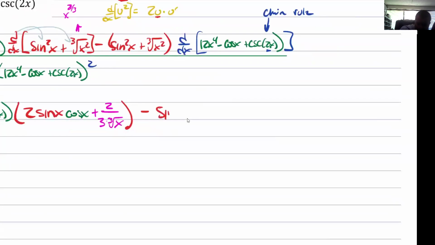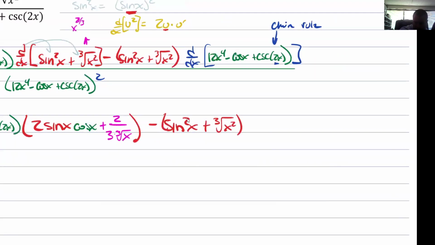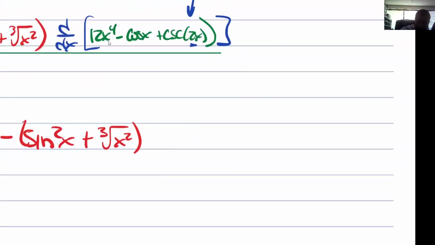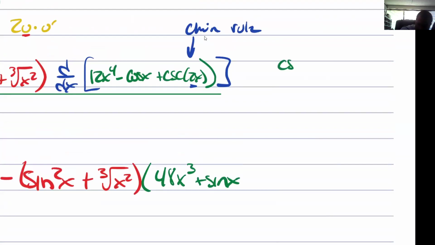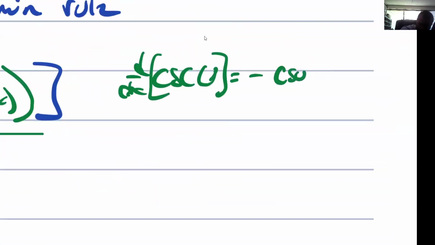So then we're going to get our sine squared of x plus cube root of x squared term there. And then this is going to be a relatively nice term-by-term differentiation. So 12x to the fourth power is a 48x to the third power. Derivative of cosine is negative sine. I'm subtracting negative sine, so that's going to be a positive sine of x. And then cosecant of something: cosecant of u is going to be negative cosecant of u times the cotangent of u times u prime.